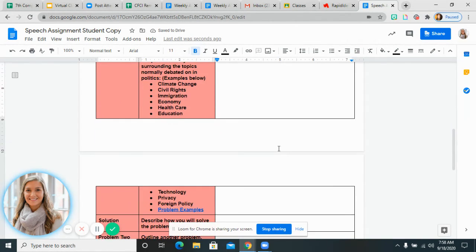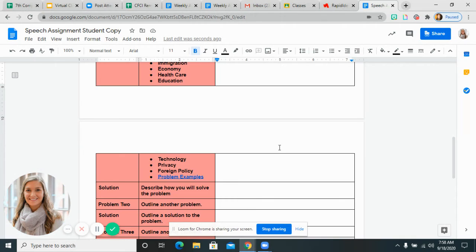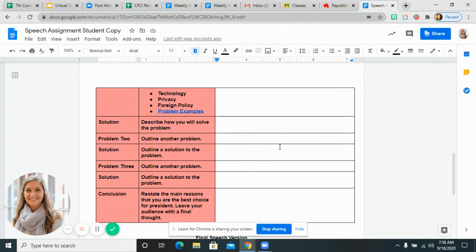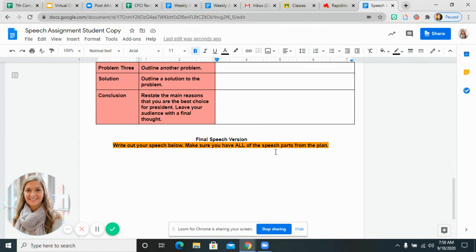And then down here, you're going to copy and paste all of these and then make it into full sentences. You're going to add punctuation, have full sentences, and read it out loud to make sure that it flows together. This is where your final editing will take place. Alrighty, happy writing!